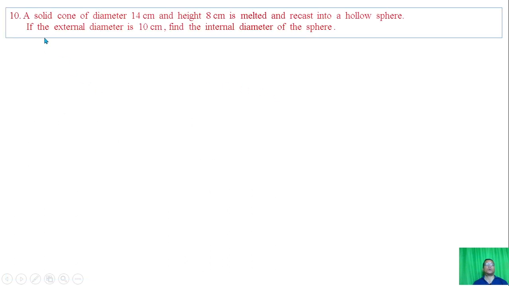Question number 10. A solid cone of diameter 14 centimeter and height 8 centimeter is melted and recast into a hollow sphere.